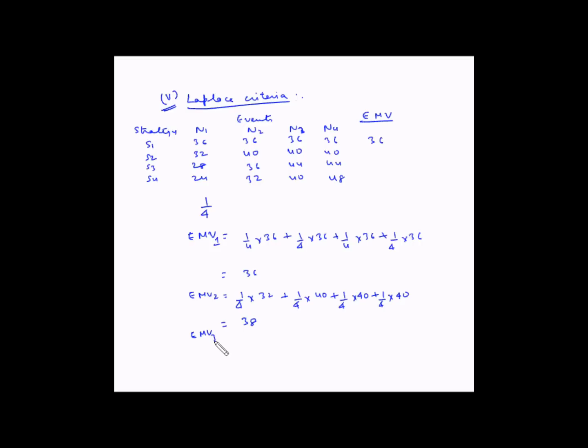Similarly, EMV for third is also 38, and EMV for fourth is equal to 36. So let's put these values in the matrix. For S2, EMV is 38, for S3, 38, and for S4 is 36. Now the maximum EMV is obtained by strategies S2 and S3. So based on Laplace criteria, again the decision could be to either choose S2 or S3.